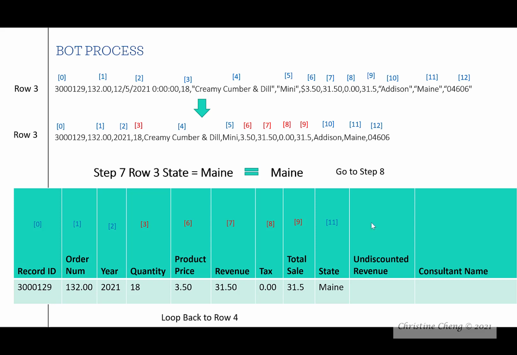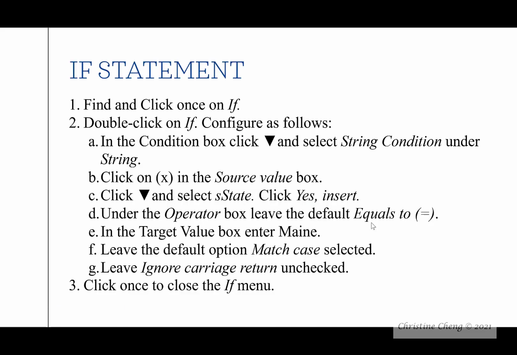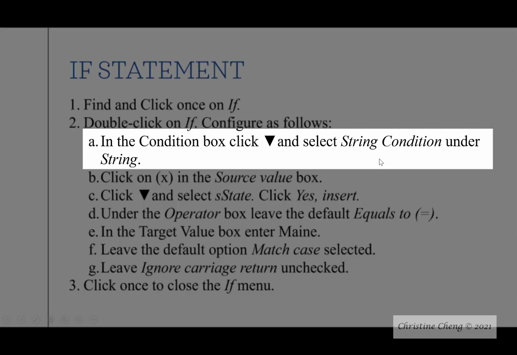Now that you understand why we might need a conditional statement and why that conditional statement should be placed within our loop, we can look at the steps that we will follow to create a conditional statement in our bot program. Since our state variable is a string variable, we will be using a string condition.